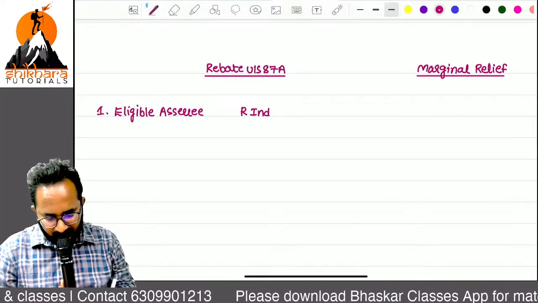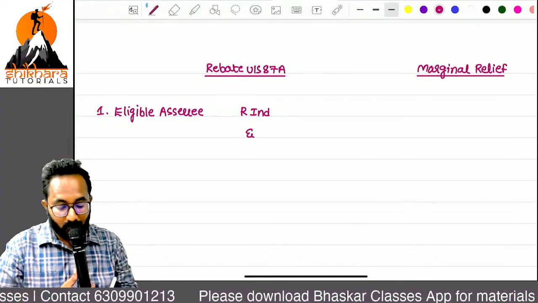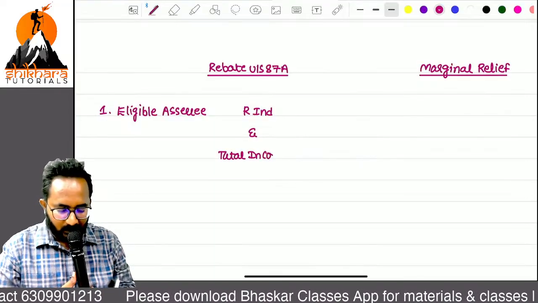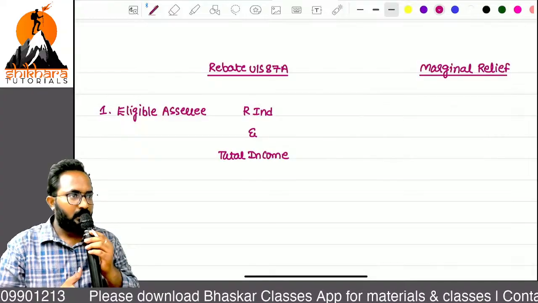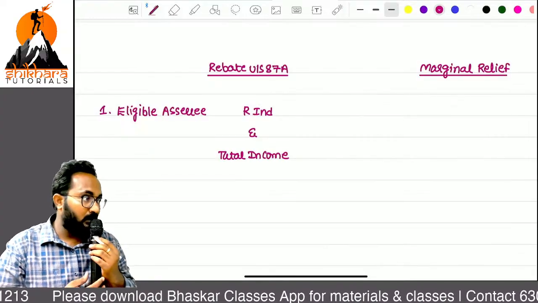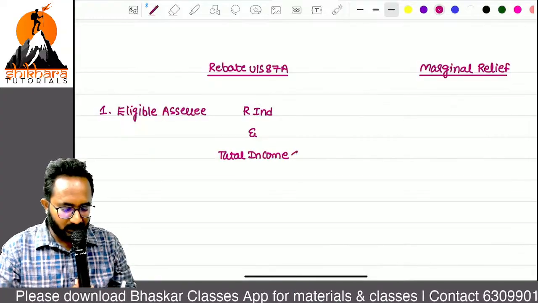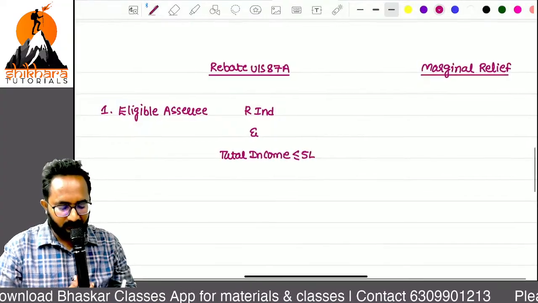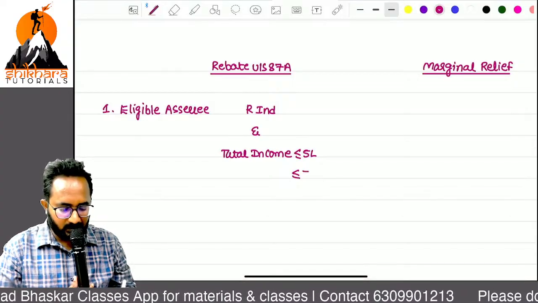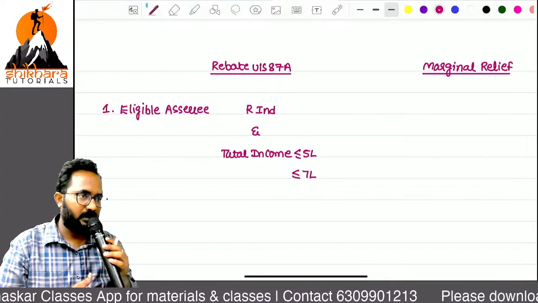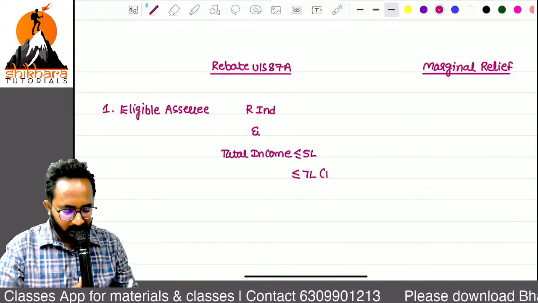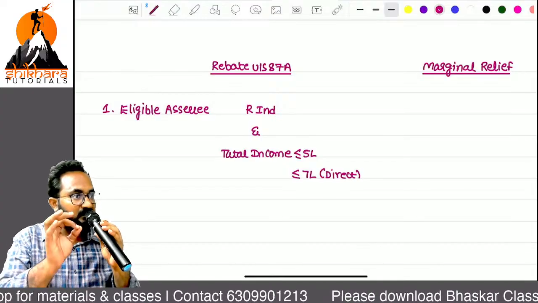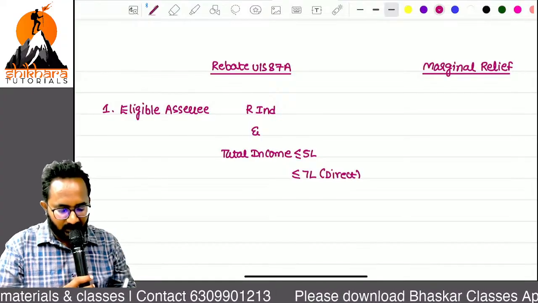And one more condition: their total income under the old regime or normal tax rates or optional should not exceed how much? 5 lakh. In case of the new regime, total income does not exceed how much? 7 lakh. Directly we can get the rebate, but by using the marginal relief concept, we can also get the rebate.